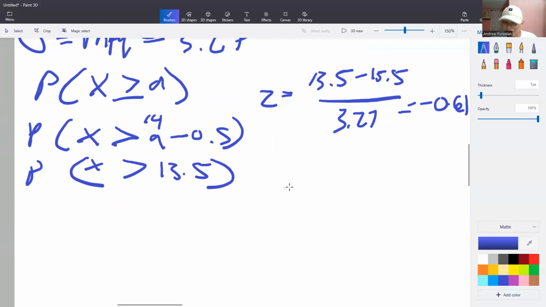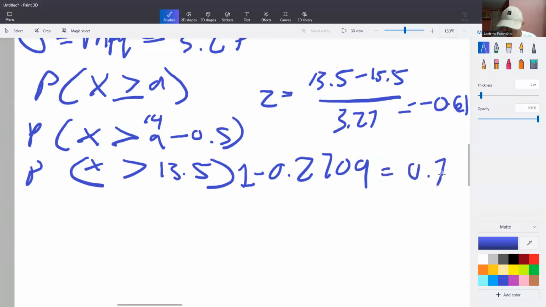So we subtract from 1. Negative 0.61 in the table is 0.2709. And since it's to the right, you subtract it from 1. So 1 minus 0.2709 is equal to 0.7291, or 72.91%, and that is our answer.